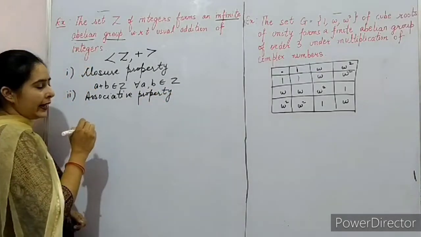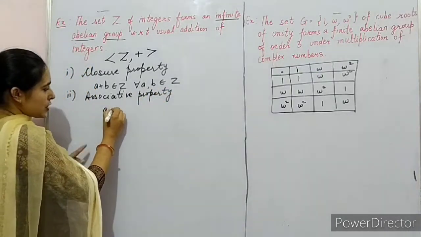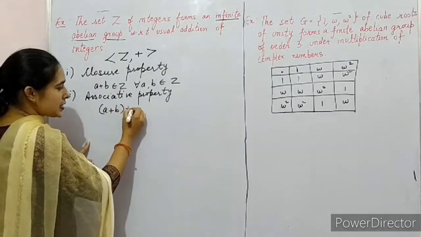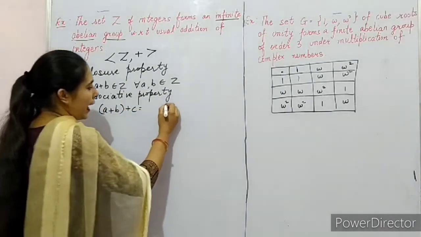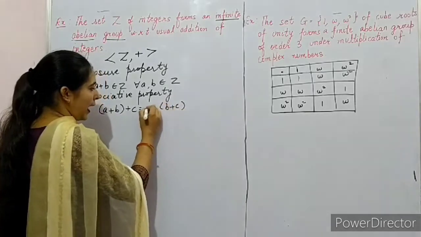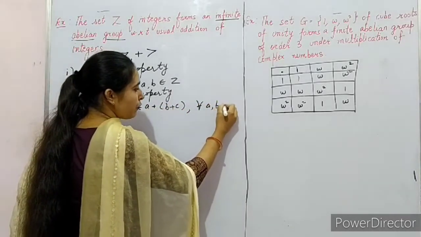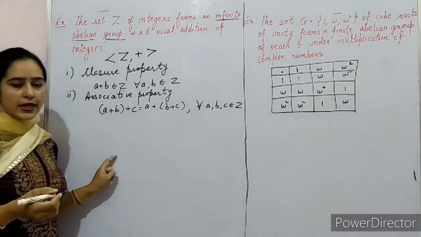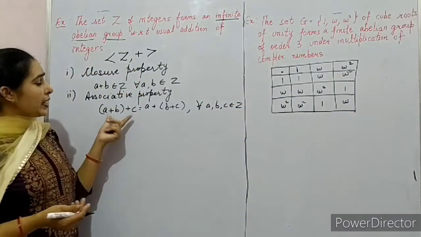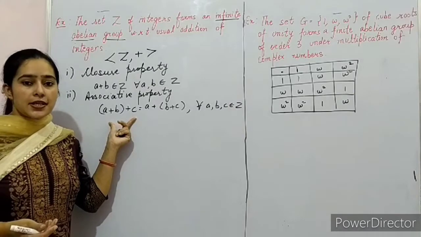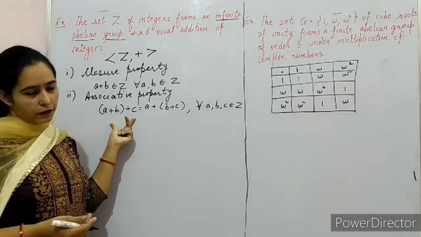Now we know that if we add firstly two integers a and b and then add c to it, or we add b and c, add a to b plus c, answer will be same for all a, b, c belongs to Z. Why? Because addition of integers is always associative.